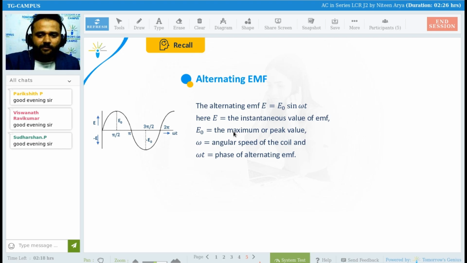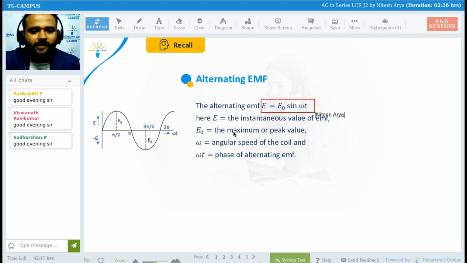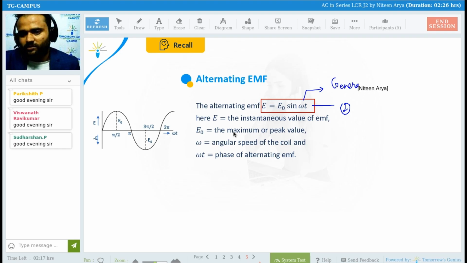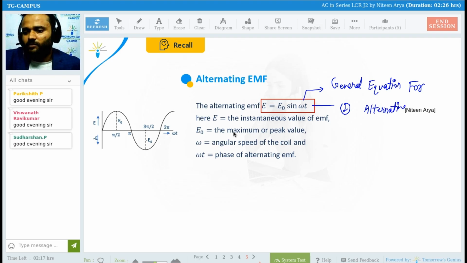So this is your alternating EMF, and this is the important thing, because from this single equation we are going to derive everything, and we already derived these things in the previous lecture. So take it as a general equation, equation 1, the general equation for alternating EMF or voltage.